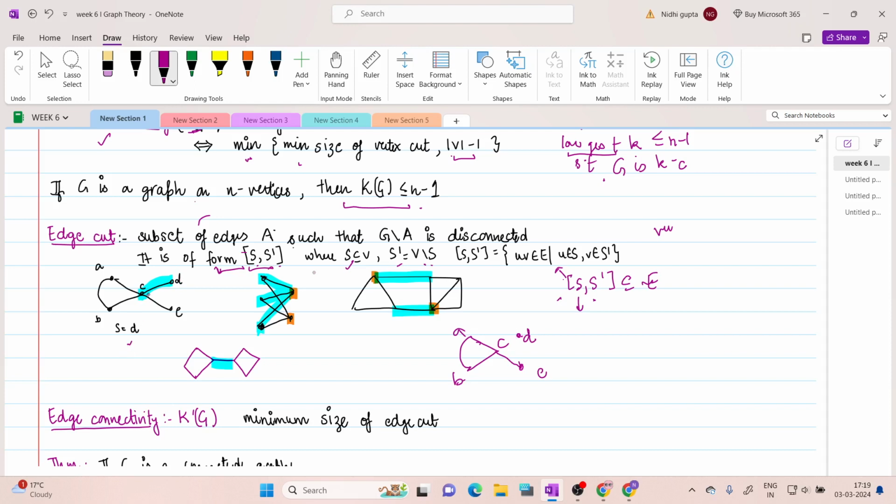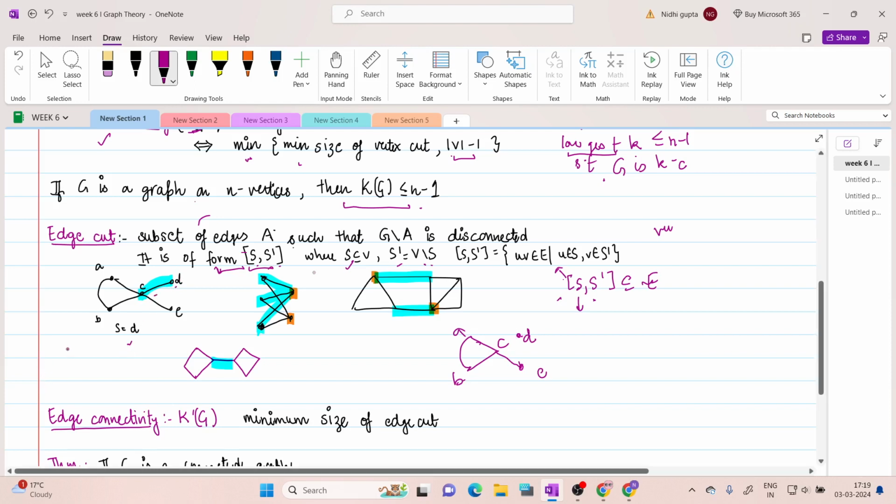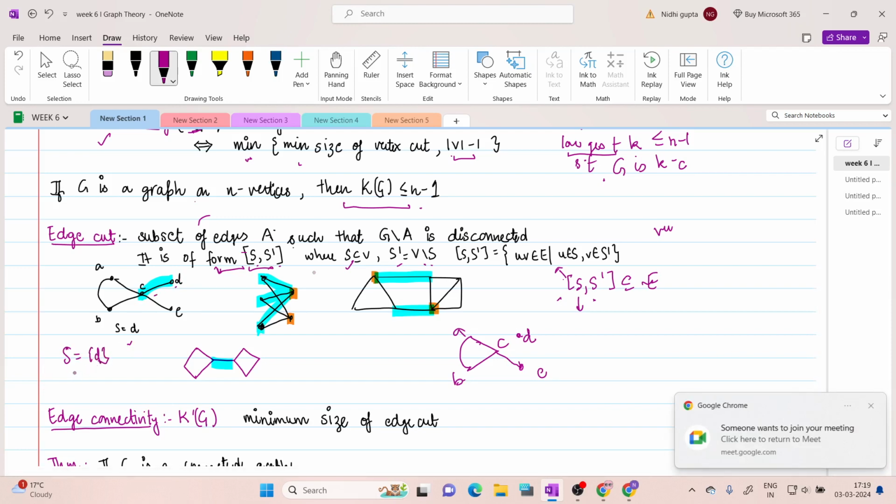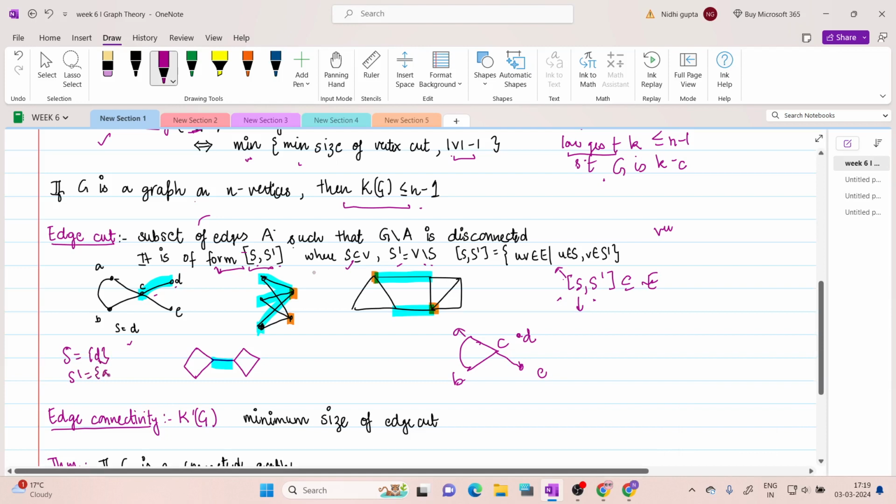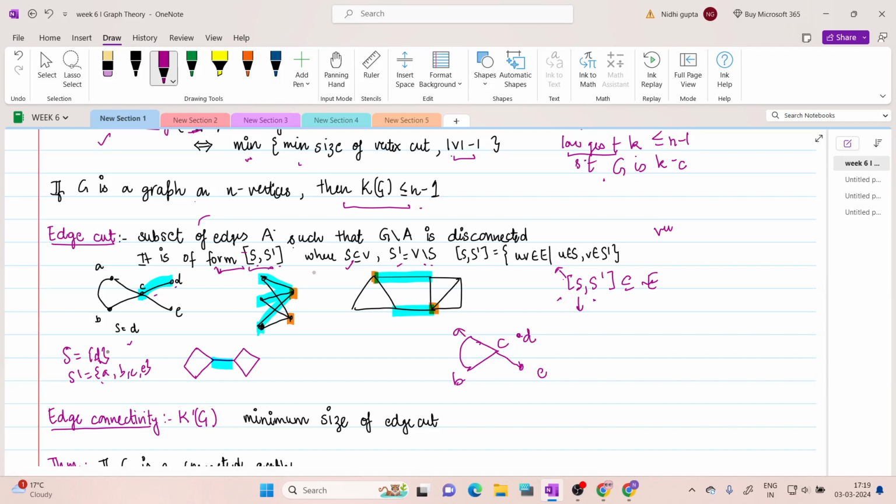Therefore CD is an edge cut. Here you can take S to be D and S bar to be A, B, C, E. Then all the edges from S to S bar are just one edge, D to C. So this is an edge cut.